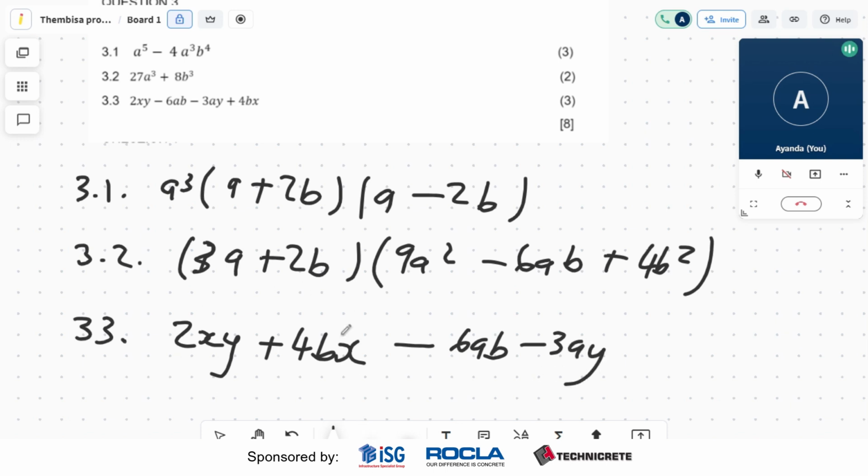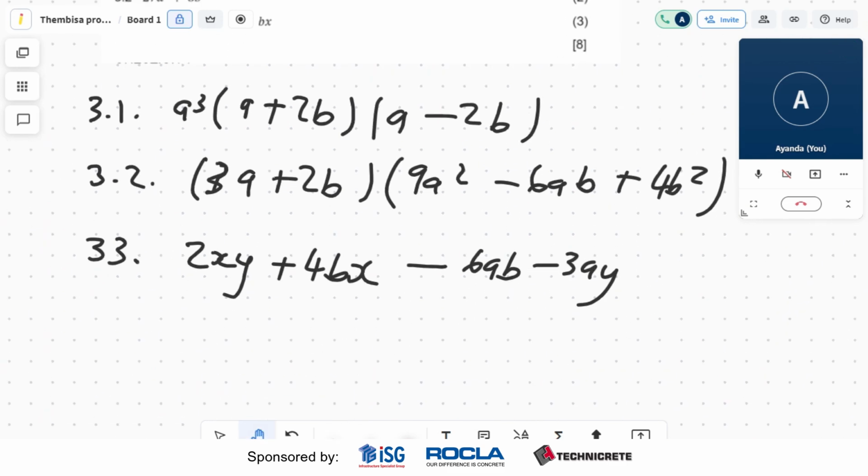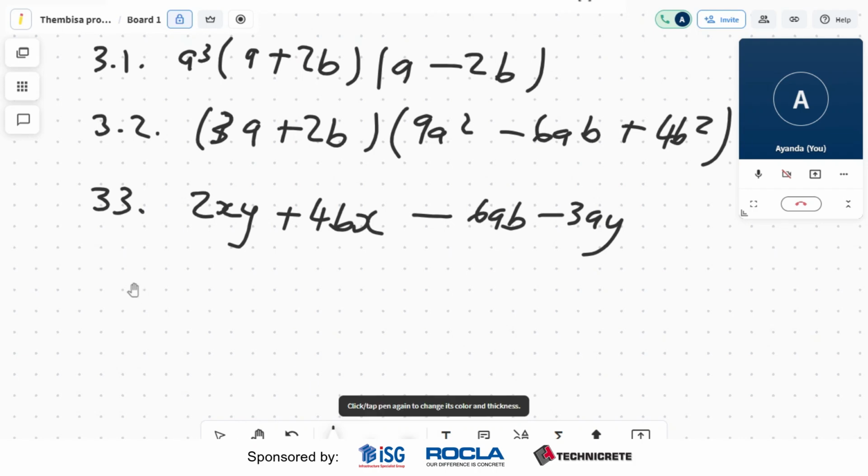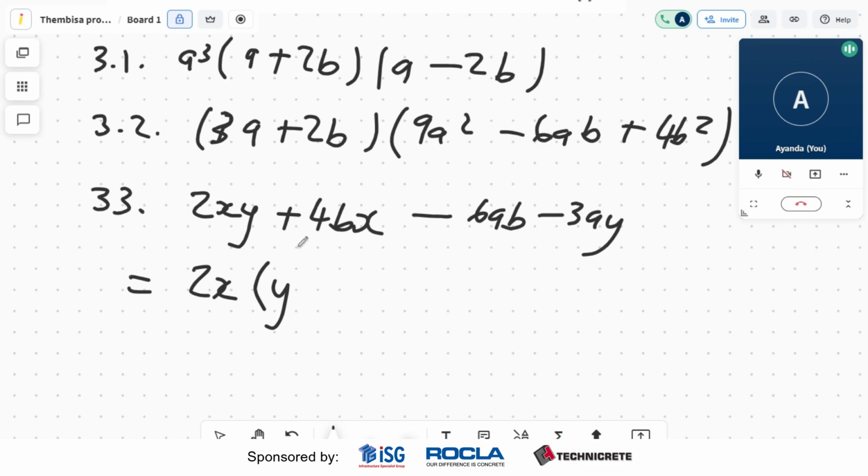So here we're grouping the x's together, and here we're grouping the a's together. Now we're going to remove a common factor, 2x, multiplied by y plus 2b, since 4bx divided by 2x is 2b.